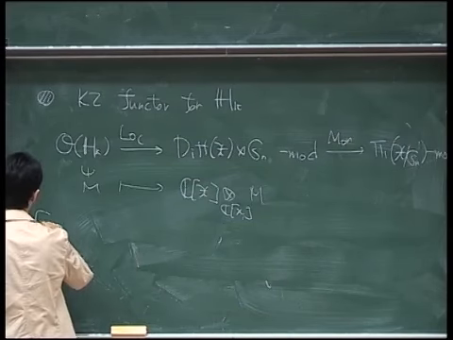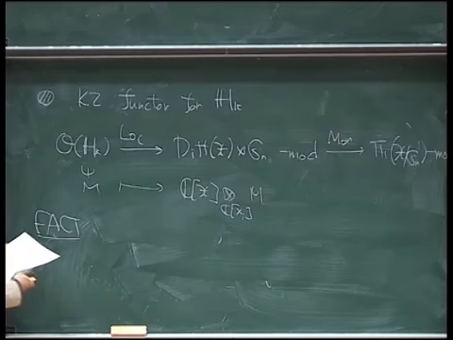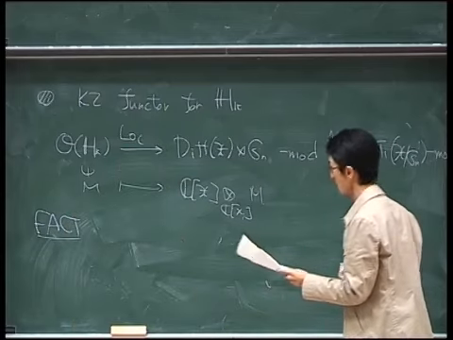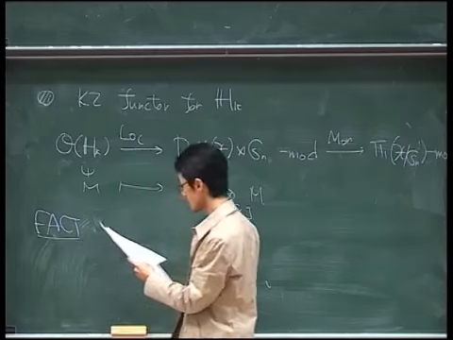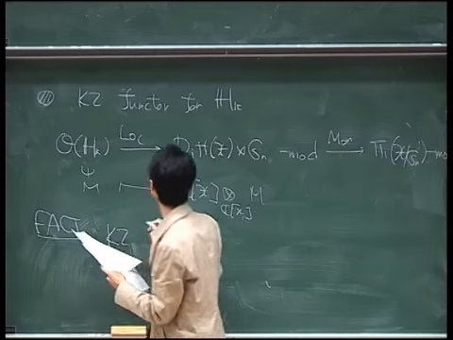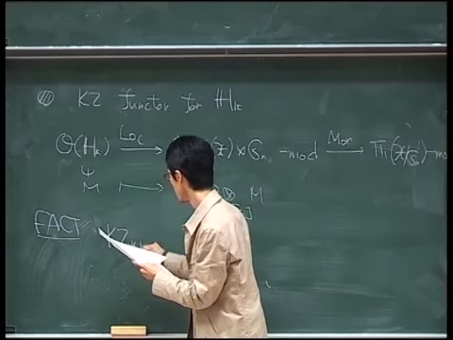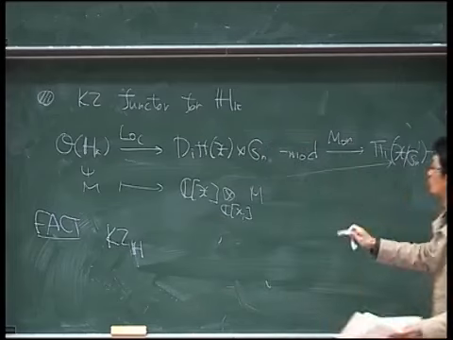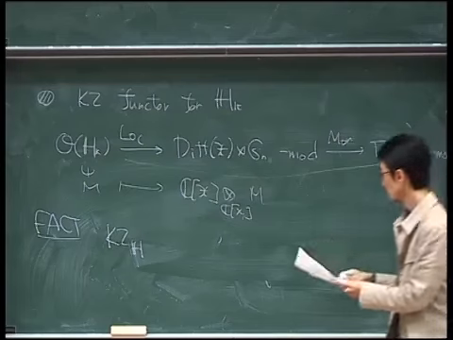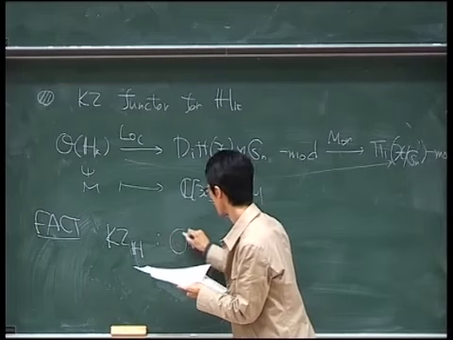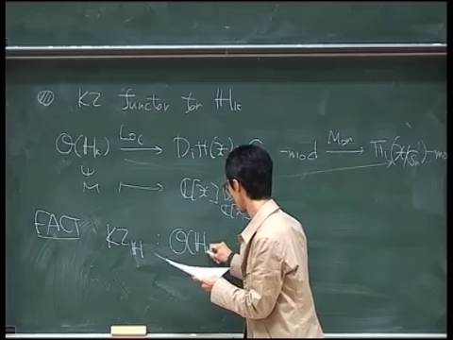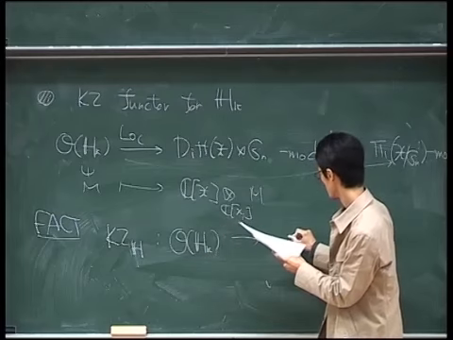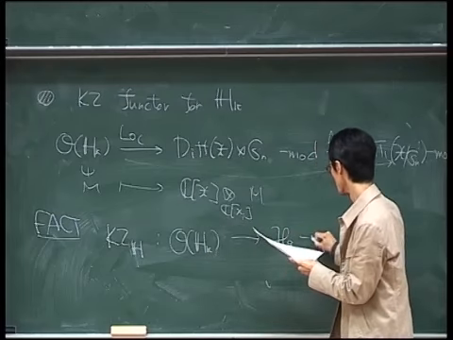And the same fact happens for the Cherednik algebra, namely KZ for H. By this I mean the composition of these two functors. It gives a functor from category O to the category of H_q-modules.